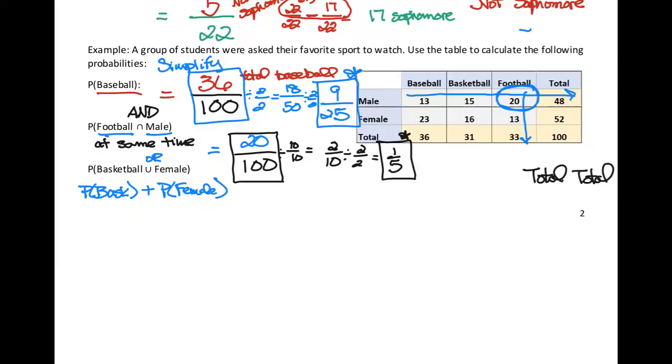Because you can like basketball and you can be female, or, I should say, or. But some of those are going to be counted at the same time. So then we have to subtract the probability that you like basketball and were a female at the same time. You're like, what? All right, let me show you.